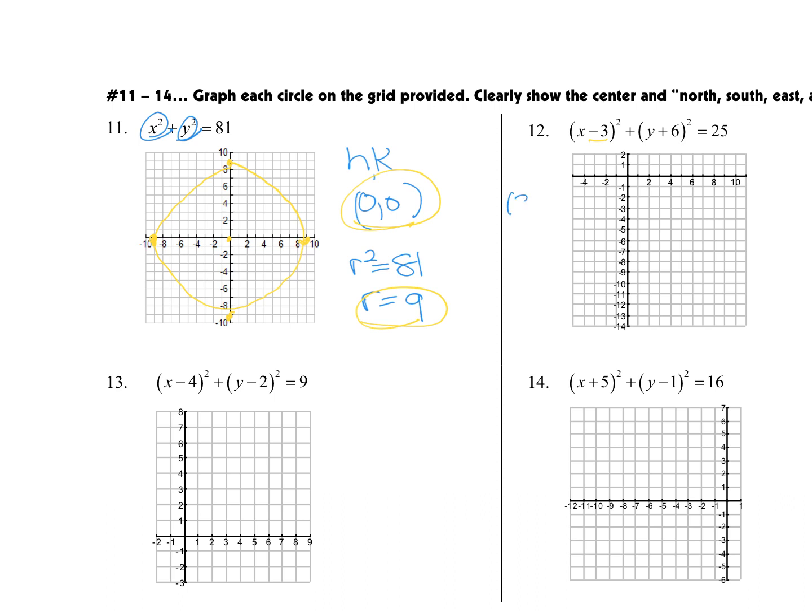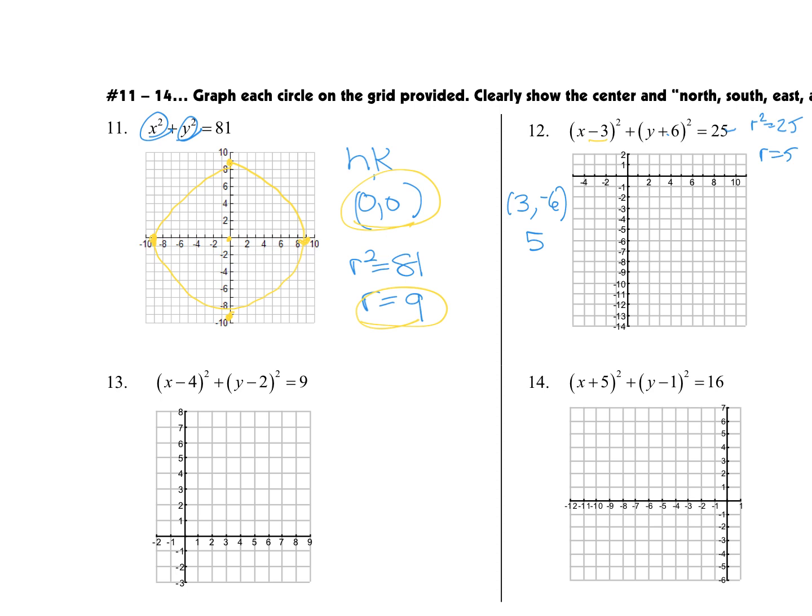All right, if we look at number 15, if we see a -3, then what that means is that that has come from a +3. If we see y plus 6, then that means that the 6 is going to be a -6. And if this is r squared equals 25, if we square root both sides, then the radius is going to equal 5.